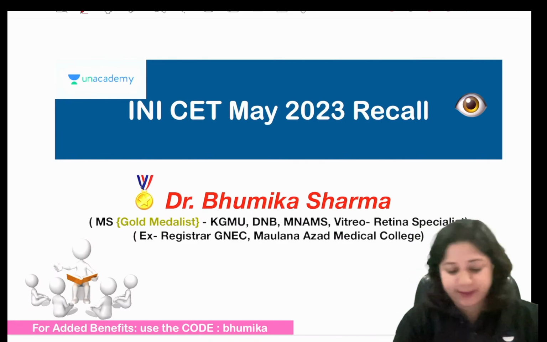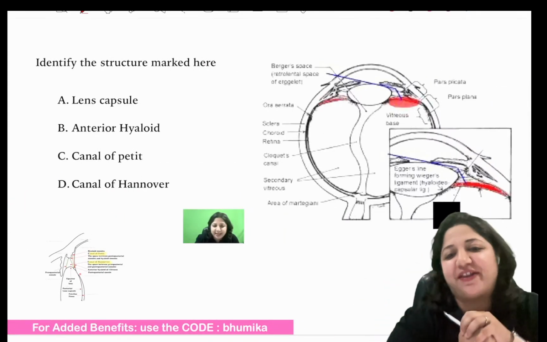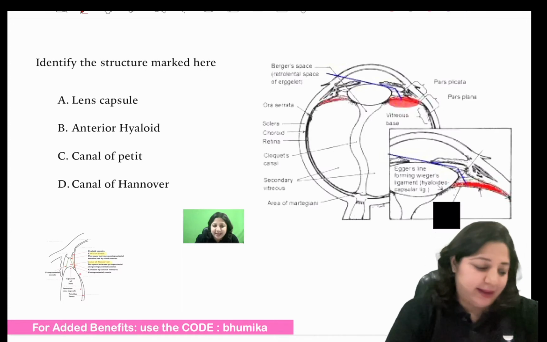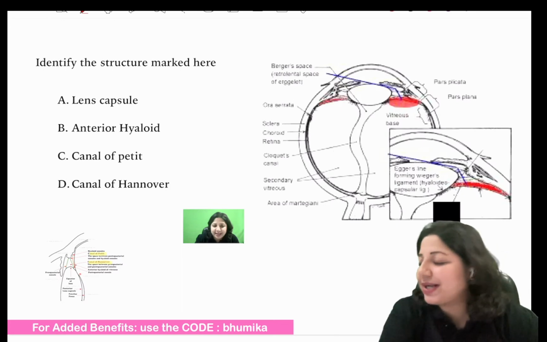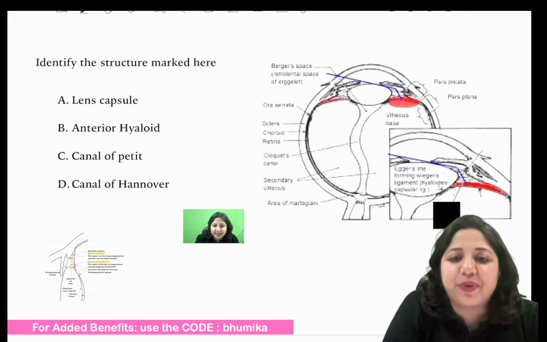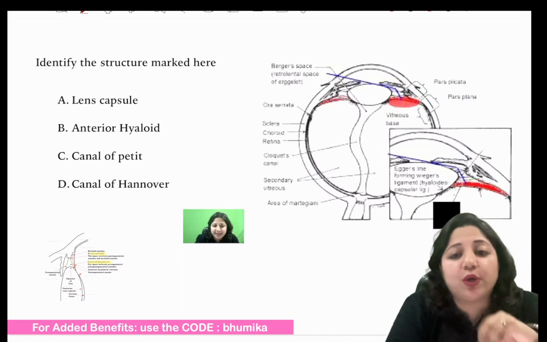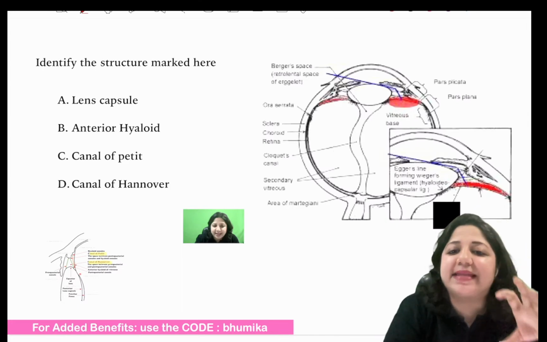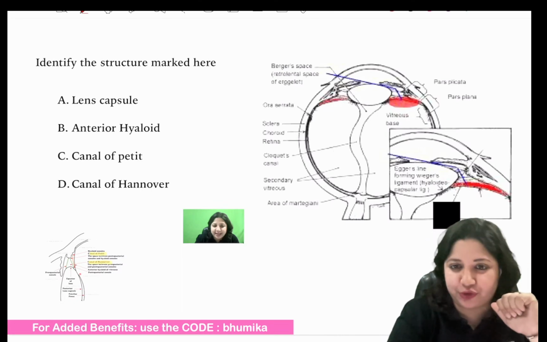So let's get started. So this was the so-called panic question. Well, it said identify the structure marked here. But before I discuss this question, I would like to bring into notice that please remember what I always say. Exams are much more than just knowledge.